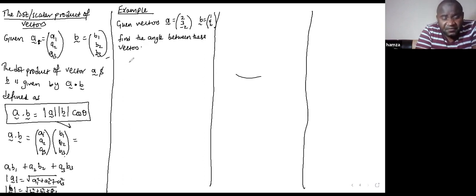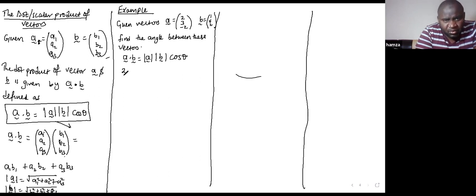So the angle between the two vectors is got from the dot scalar product, which we have said is the magnitude of A times the magnitude of B cosine of the angle between them.